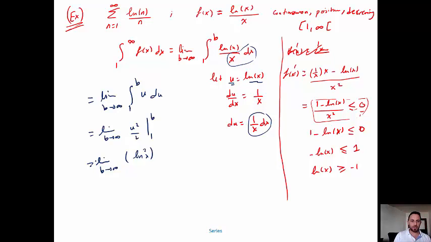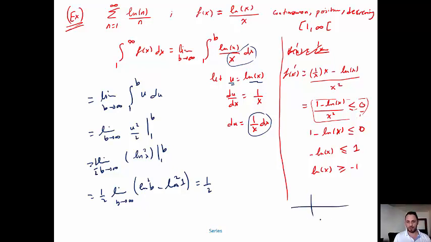So half limit as b goes to infinity, ln squared of b minus ln squared of 1, which is 0. As b goes to infinity, if you draw the ln function, as x goes to infinity, ln goes to infinity, right?